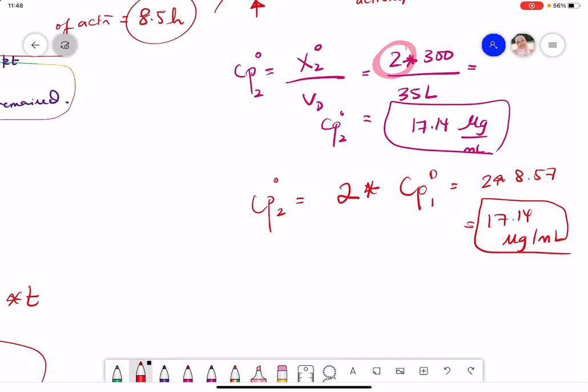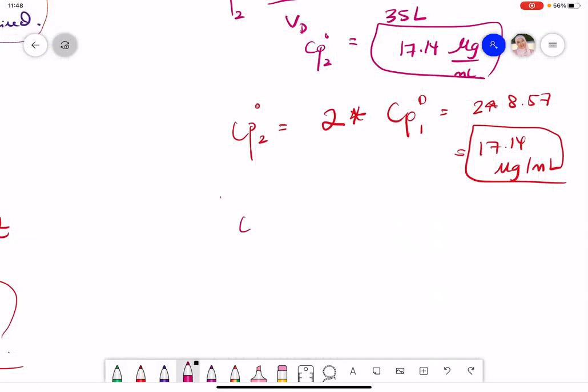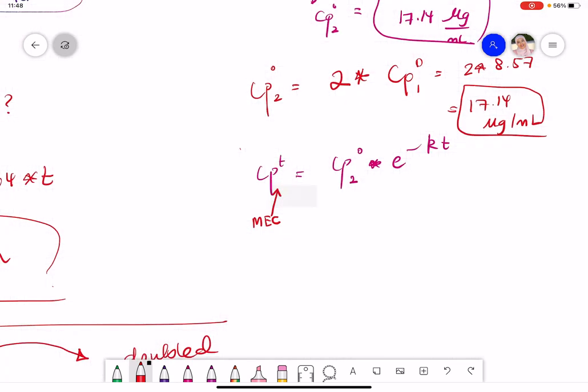Now it's asking us about the change in the duration of action. So what we need to do is C_B at a certain time equals C_B naught, our new C_B naught, minus k times time. The minimum effective concentration for the antibiotic is not changing, which is 2 microgram per milliliter.